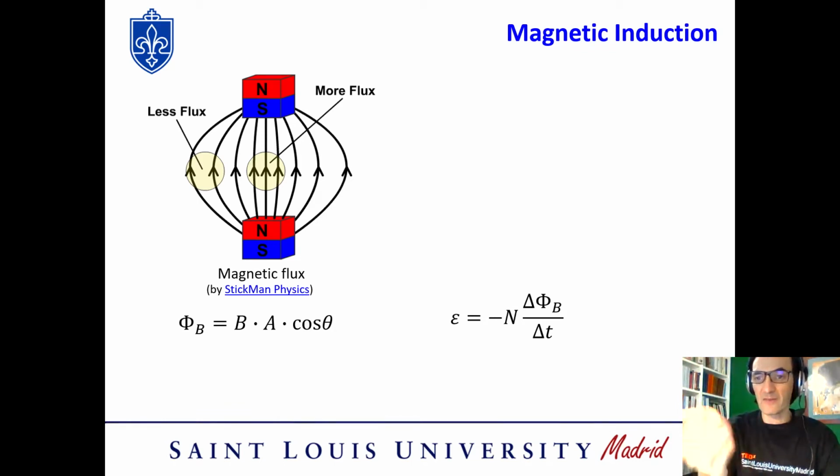Cosine will run from 0 to 360 degrees, therefore the area exposed to the flux will be changing, and therefore if we change A with time, then we change the flux with time, and therefore we have an electromotive force.